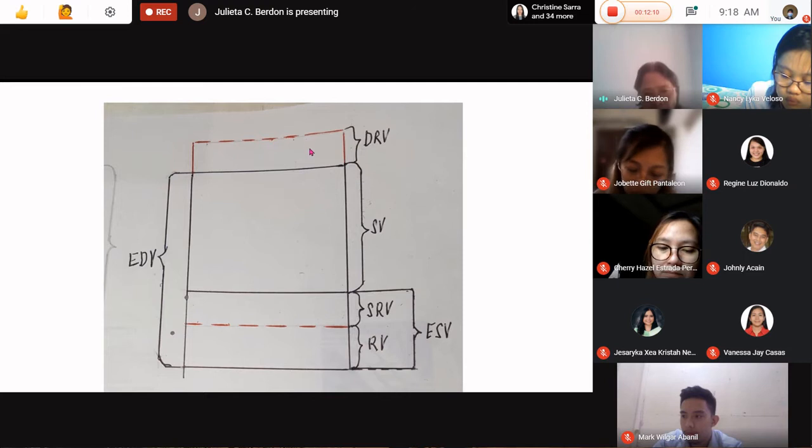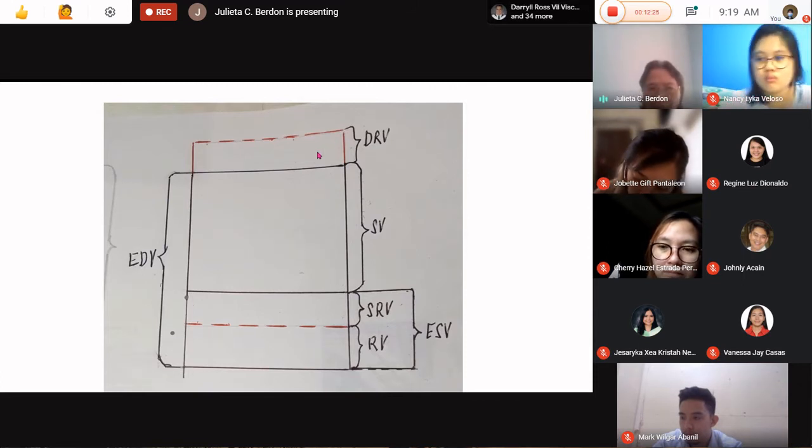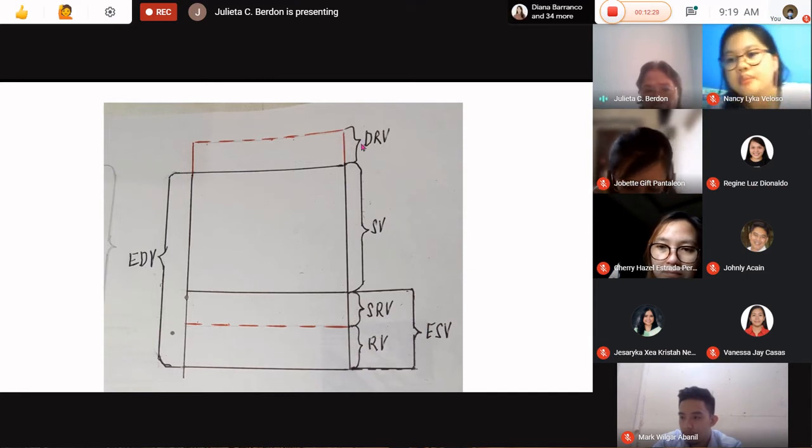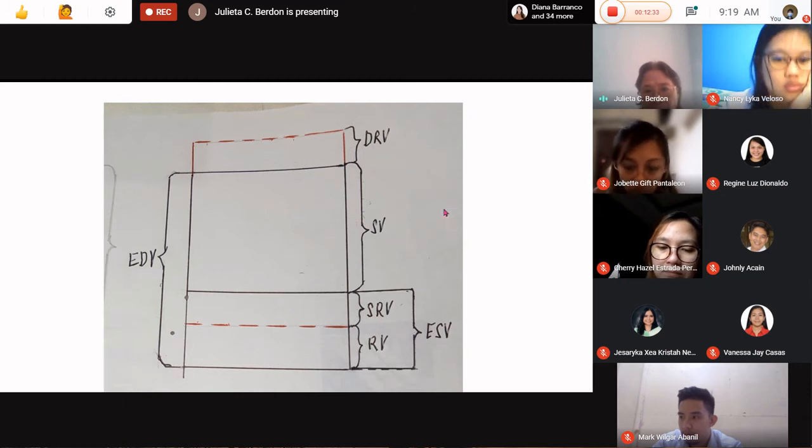And of course, this happens if you increase your venous return. By venous return, we mean the blood that is going back to the heart. If you increase the venous return and make use of this potential volume, and then you expel that, again, it becomes part of the stroke volume.